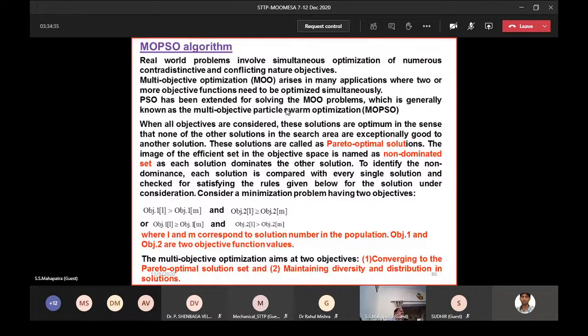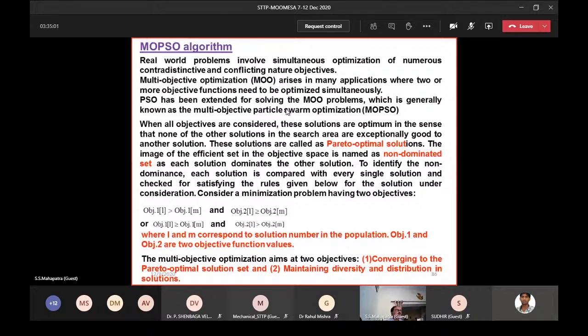F1 is on a different scale and F2 is on a different scale. So that will be a scaling problem, and it may not give a good solution. If the F1 value is in large numbers and the F2 value is in small numbers, then only the F1 value will be reflected in the solution. So both values cannot be reflected. That is the problem with weighted functions.